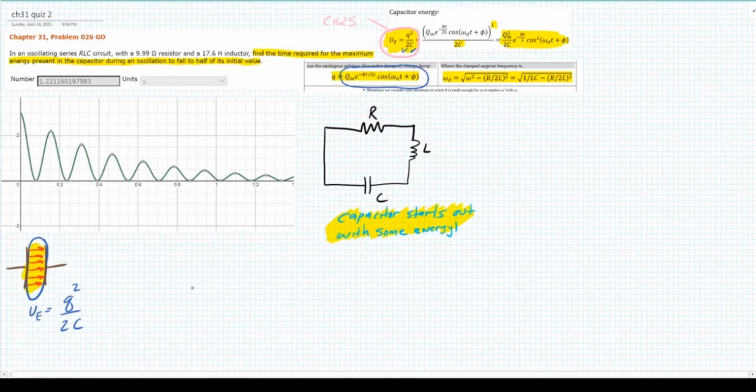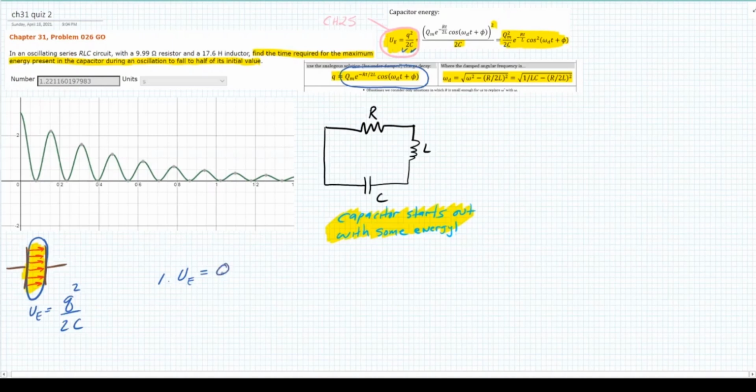All right, so let me rewrite that, and let's use that as a starting point. Number one. The electrostatic potential energy of a capacitor in an RLC circuit, because now I have this alternating current behavior. Things are going back and forth sinusoidally. And on top of that, I have some losses.